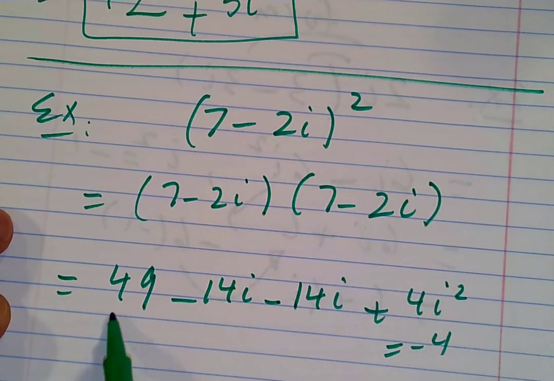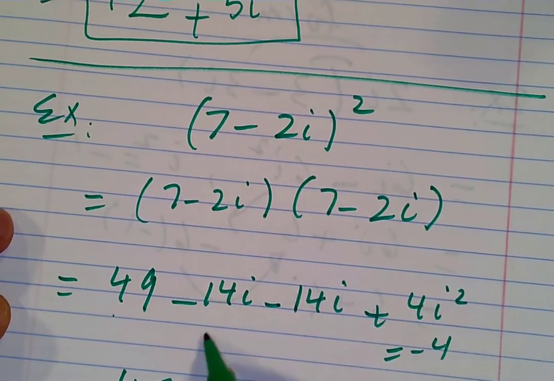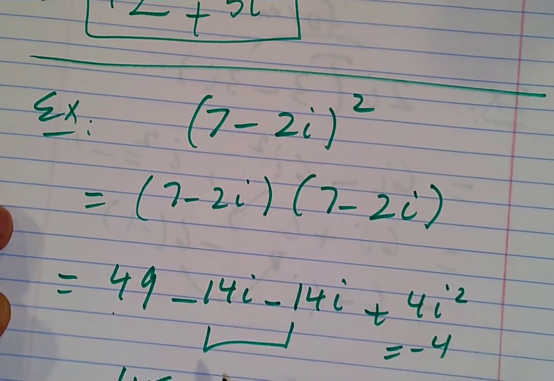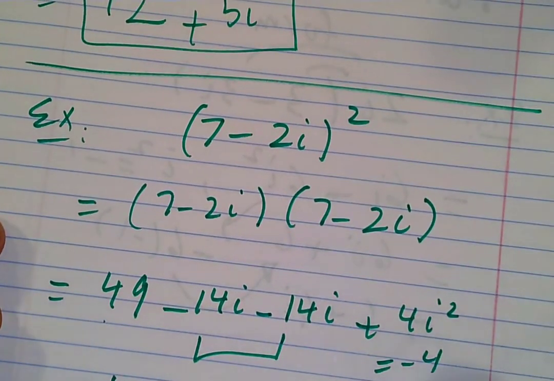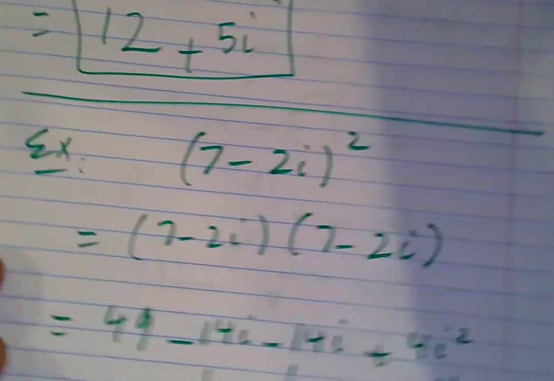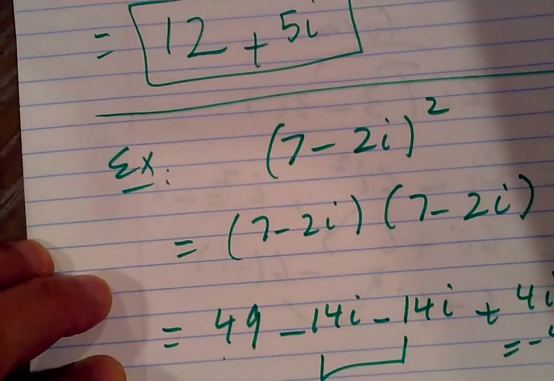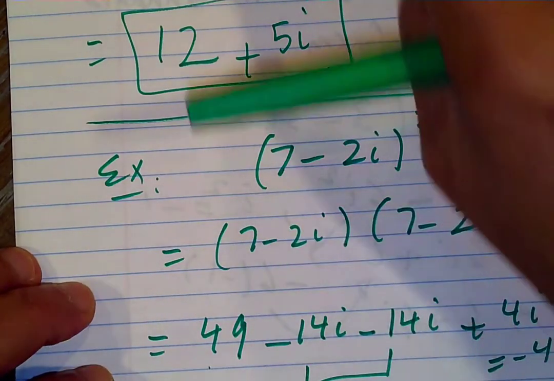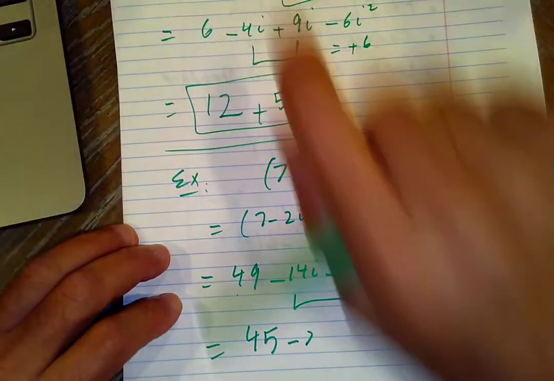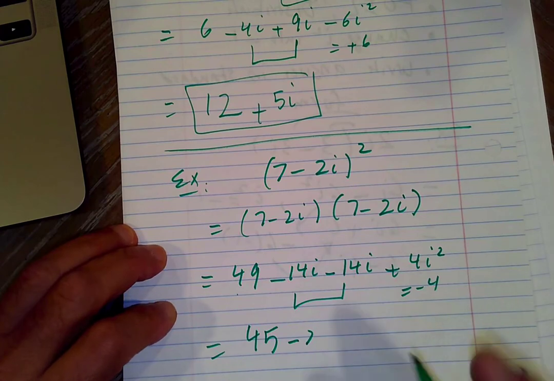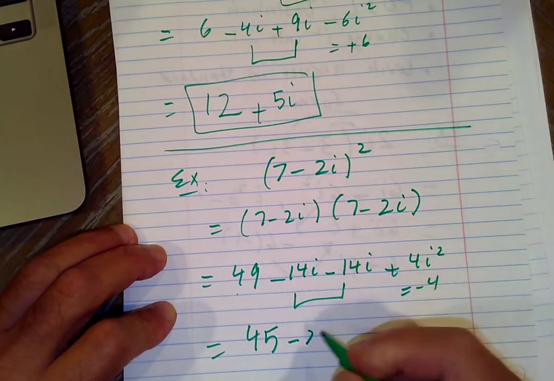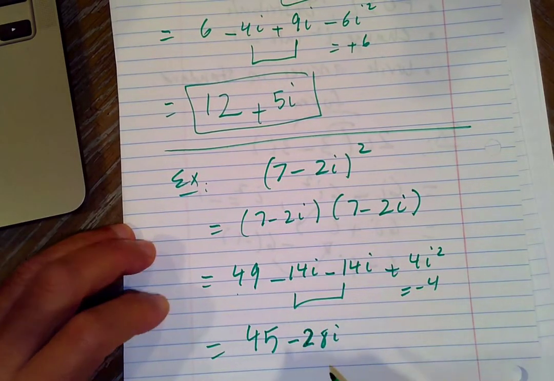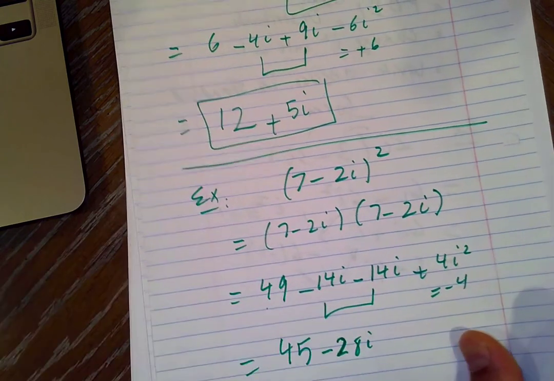So add like terms, 49 minus 4 is 45, and this is minus 28i. So 45 minus 28i.